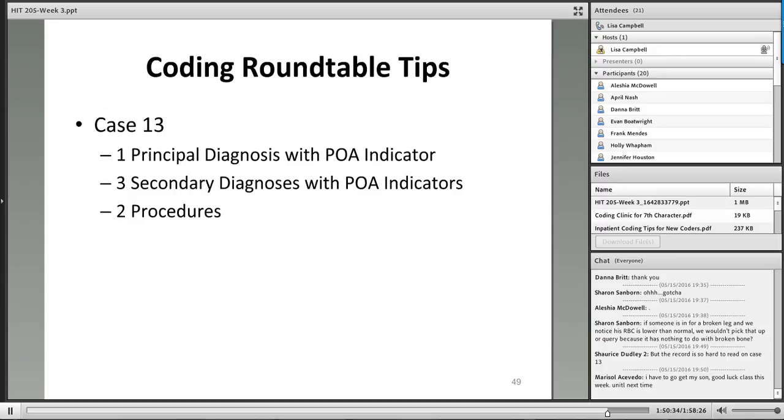And I want to mention something that I stated last week, and somebody in my class asked me about it. I made a statement that Z codes, we don't get paid for them. Let me correct that statement. Certain Z codes we do not get paid for. So allergy to sulfa, we don't get any extra reimbursement for that.